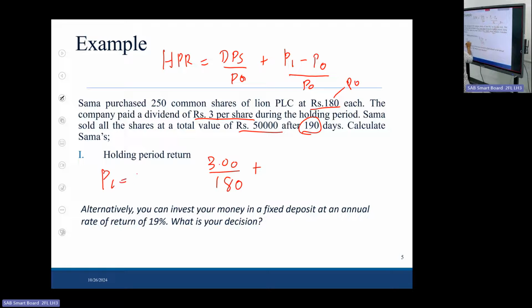P1 is not given, but you can calculate it: she sold all 250 shares for 50,000, so 50,000 divided by 250 is the selling price per share, 200. So there is a capital gain. You can calculate 200 minus 180 divided by 180. The total you have to multiply by 100 to put as a percentage.